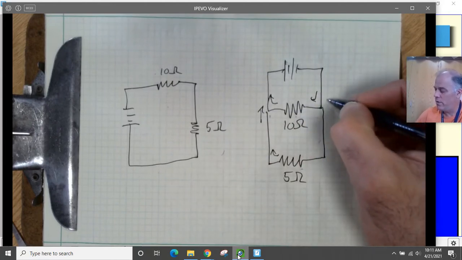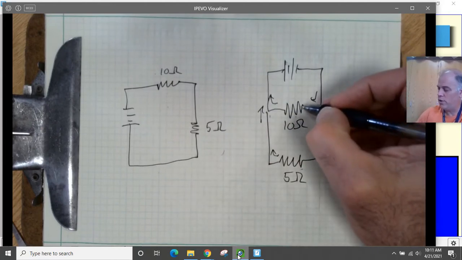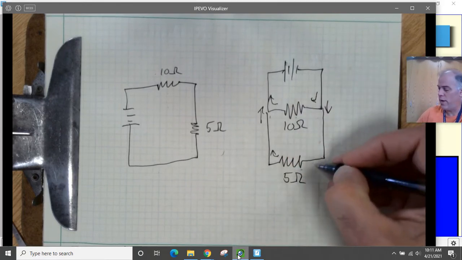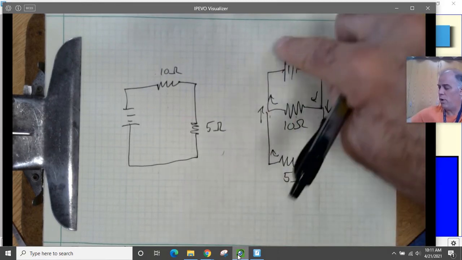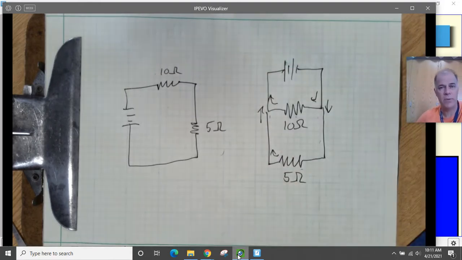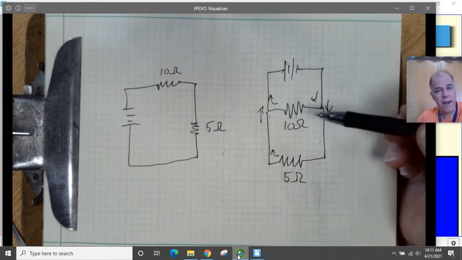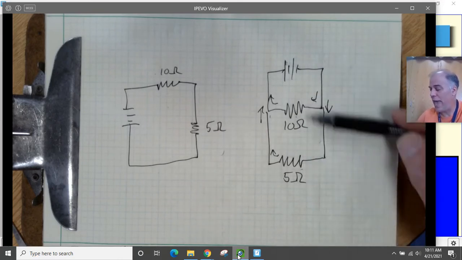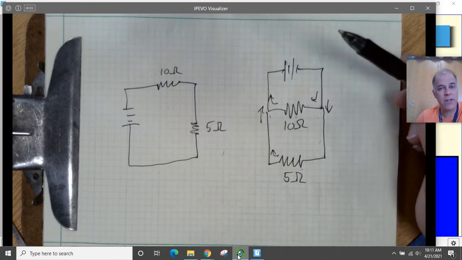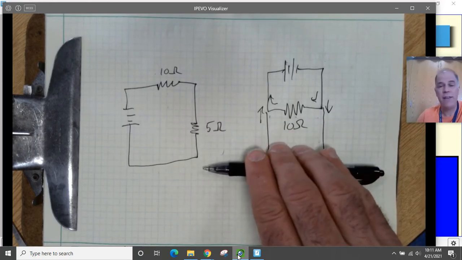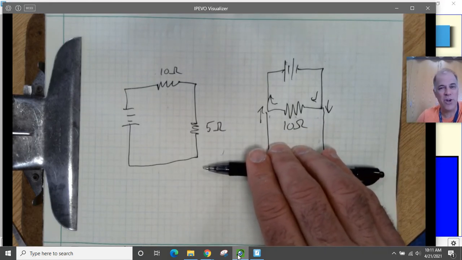It'll go like this. Electrons will either take this corner and go through the resistor, or they'll go straight and they'll go through the other one. But the flow is always kind of going around and around like this. Okay, so this means that in a parallel circuit, we do not just add them together. The way we actually do it is we treat them as their own individual little circuits.